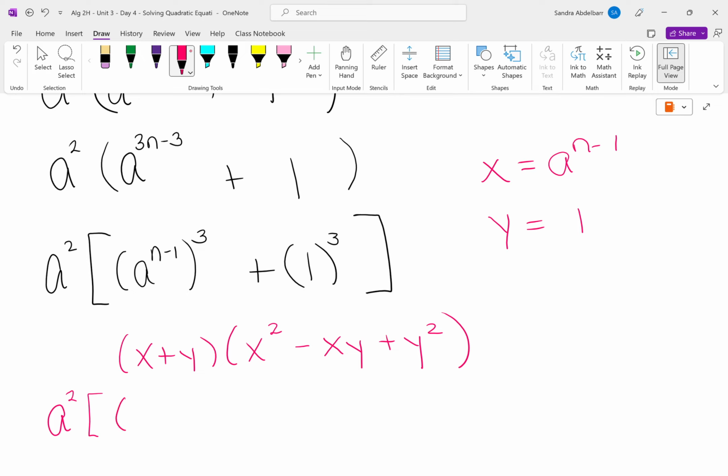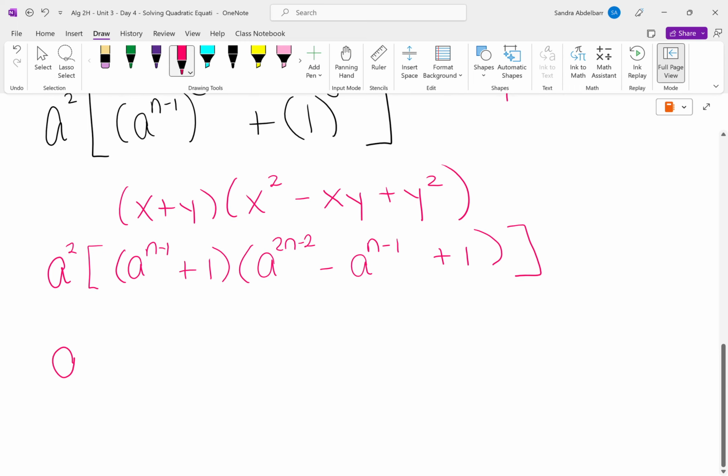So now we're going to have a raised to the n minus 1 plus 1, and then a to the 2n minus 2 minus a to the n minus 1 times 1, which is just a to the n minus 1, plus 1.